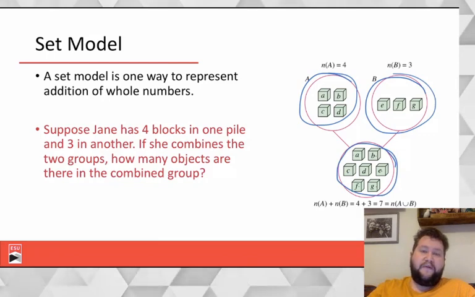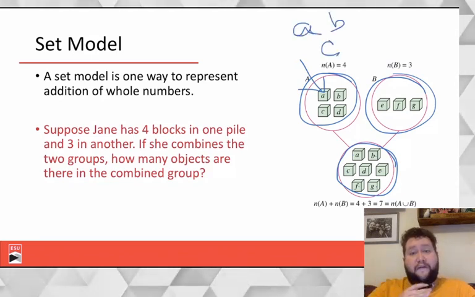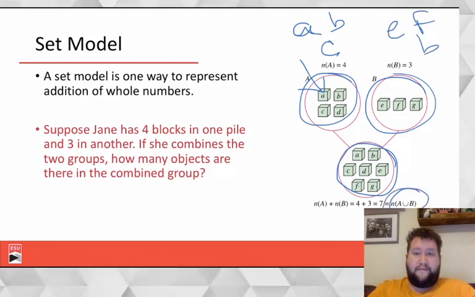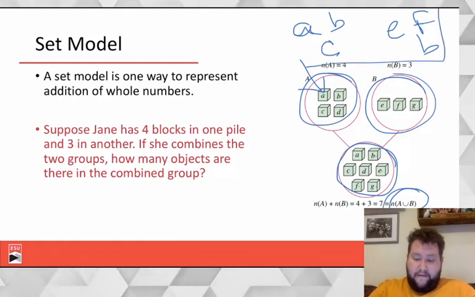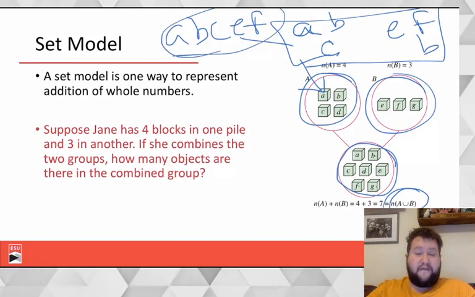It's important to note, if this one on the left, say, had A, B, and C, and this is where we're going back to our set lesson, if this had E, F, and B, the union of A union B, in this case, would be A, B, C, E, F, which only has 5.